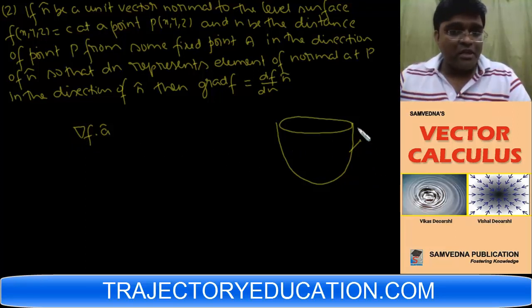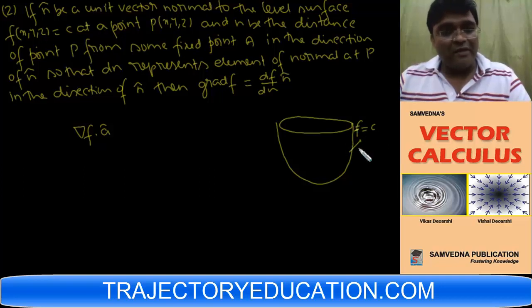What does a level surface denote? A level surface denotes a function f equal to constant. So if I am moving tangential to the level surface, along the level surface, do I find a change in the function f? No, because a level surface denotes the set of all those points where f is constant.